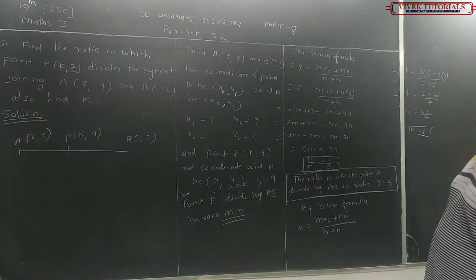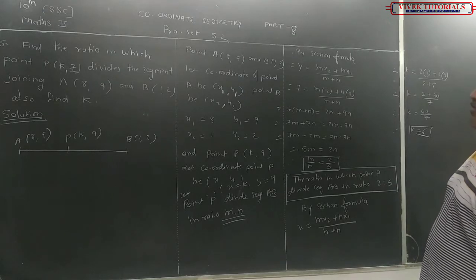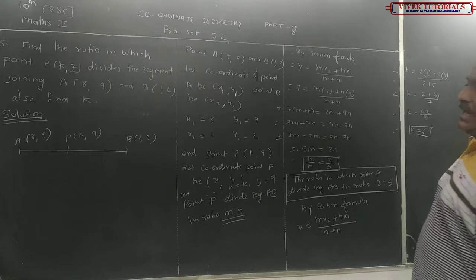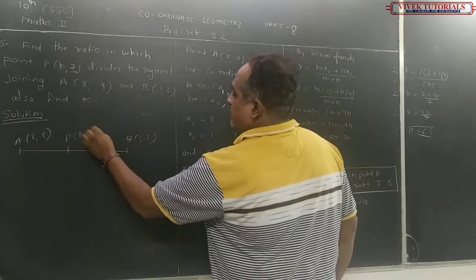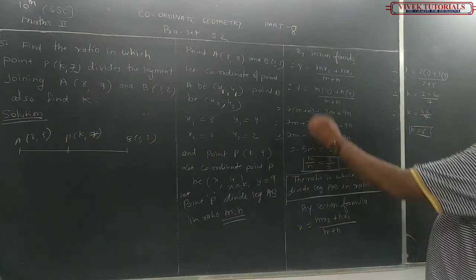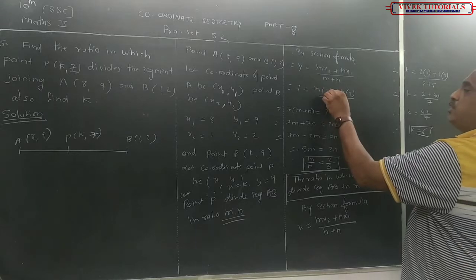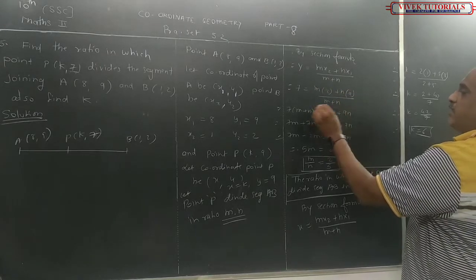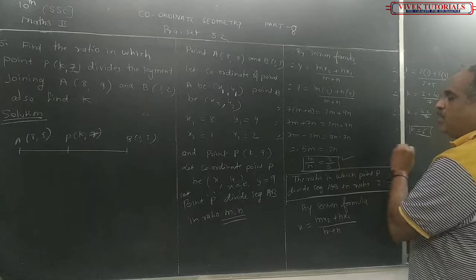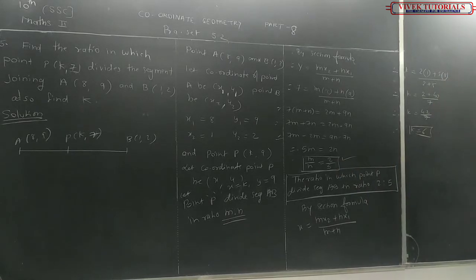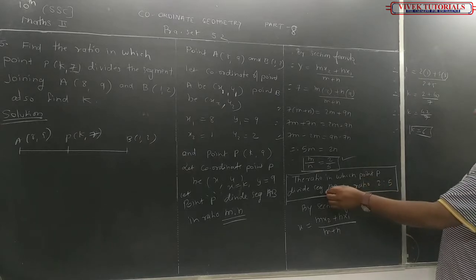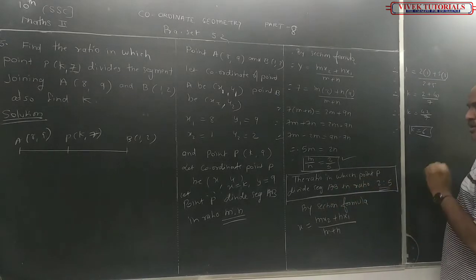But we know the value of y, which is 7. So 7 is equal to m into 2 plus n into 9 upon m plus n, and when I cross multiply, I get m upon n is equal to 2:5. So the ratio in which point P divides the segment AB is 2:5.